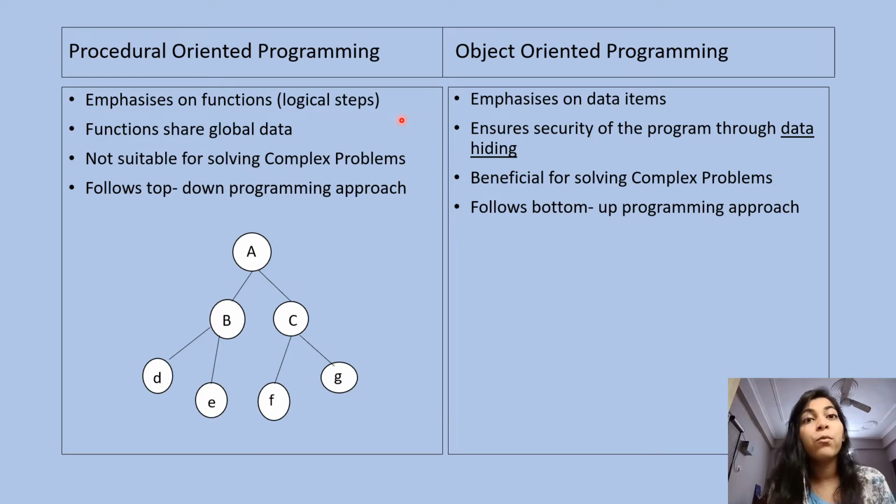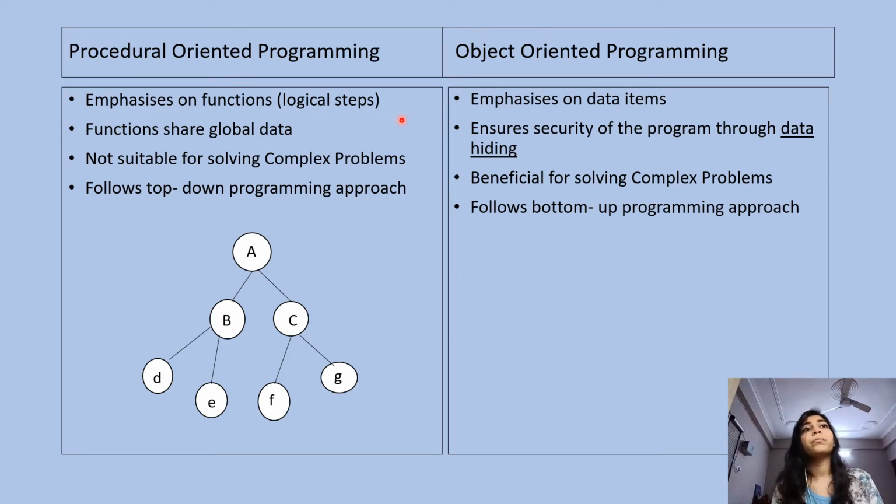Then wherever it has been used, you will have to go and make the necessary changes in the data values, right? Which makes procedural oriented programming unsuitable for solving complex problems if we talk about it practically, right?